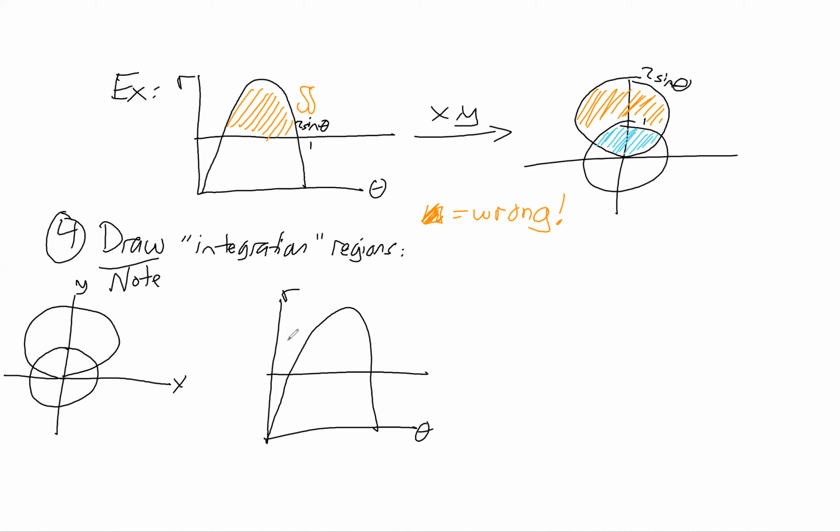So here's 1. Here's 2. 2 is in the middle, and then 3 will be at the end. And if we go backwards, then we see 3 is near pi. We see 2 is in the middle. And we see that 1 is close to 0 in terms of angles.